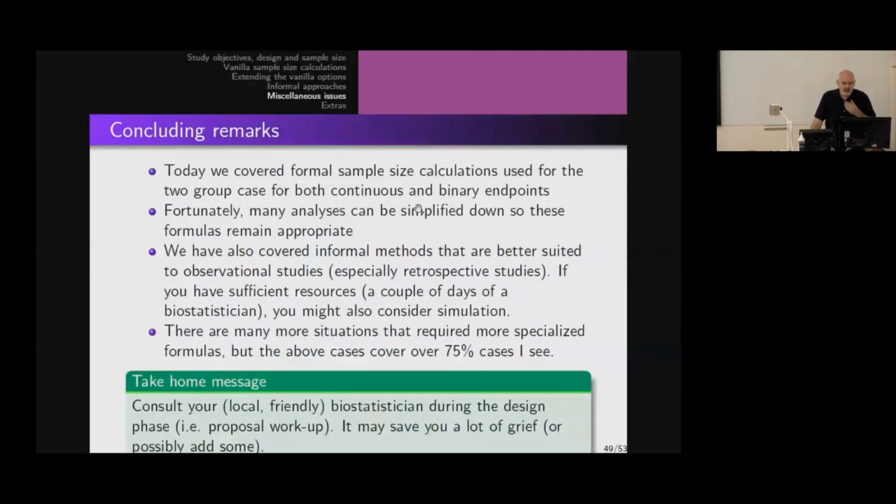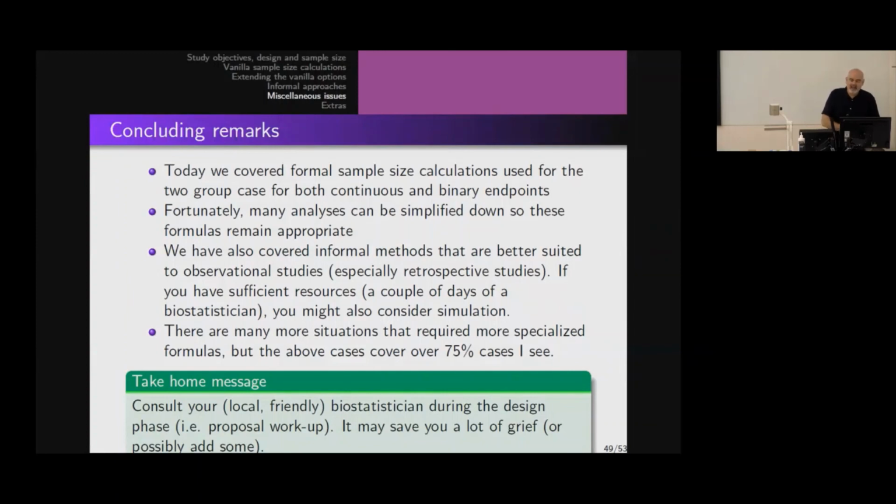Okay, so just concluding, today we've covered formal sample size calculations used for the 2-group case for both continuous and binary endpoints. Fortunately, many analyses can be simplified down so these rules work. We've also adapted them to things like multi-class trials or cluster randomized trials. We talked about other covariates and adjusting for nuisance parameters.